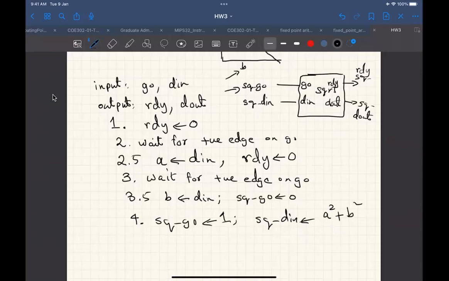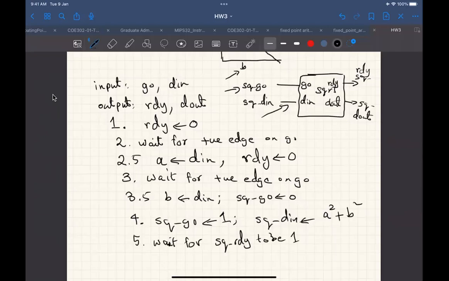Now, this is a register that is connected to the dn input of the square root function. Now I need to wait for square root ready to be 1.